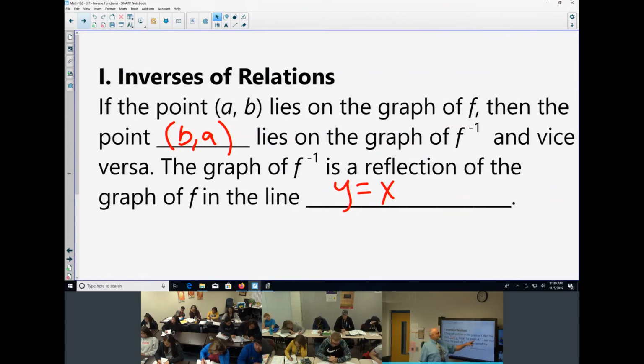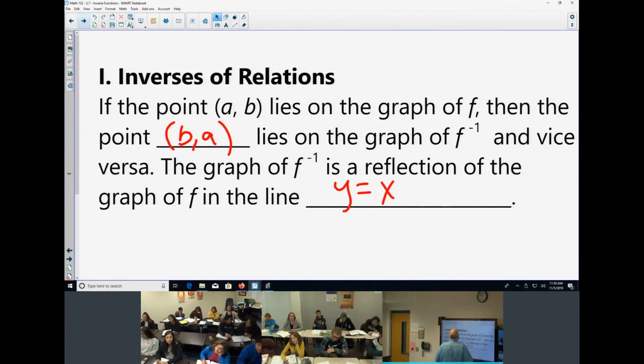So notice this notation for the inverse. It's F minus 1. I personally hate that notation because I think of it as like a negative exponent, but it's not an exponent. It just means an inverse, okay?